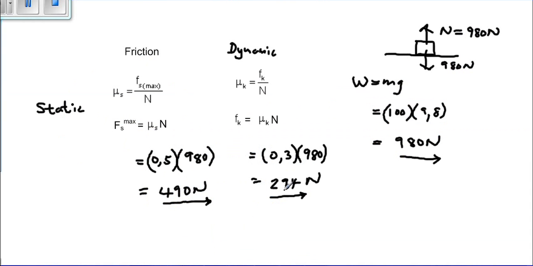Then we have dynamic friction of 294, so when a force of 294 is applied and the dynamic friction is 294, the object moves with constant velocity. However, if you apply a force far greater than dynamic friction, then the object will accelerate to the right.